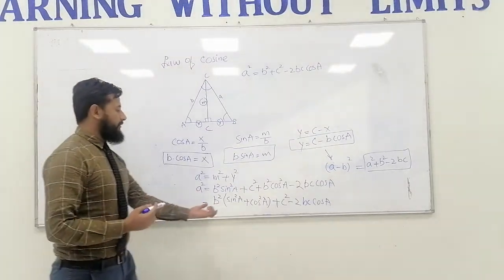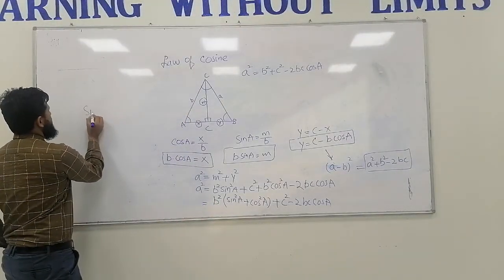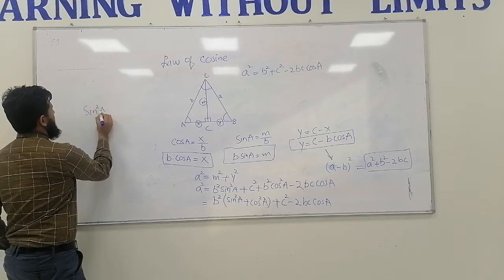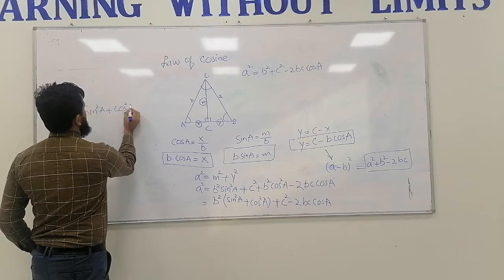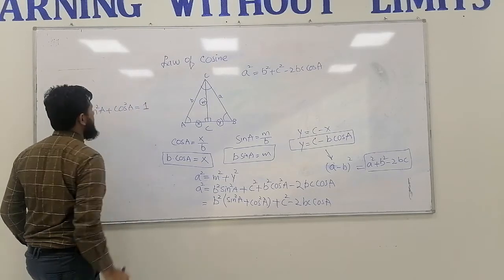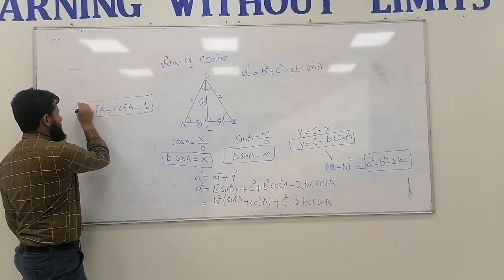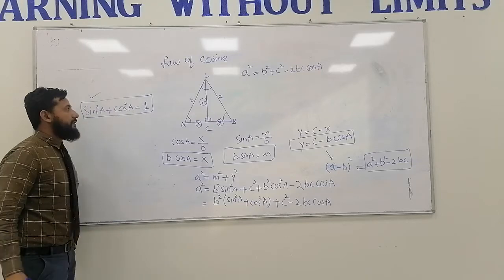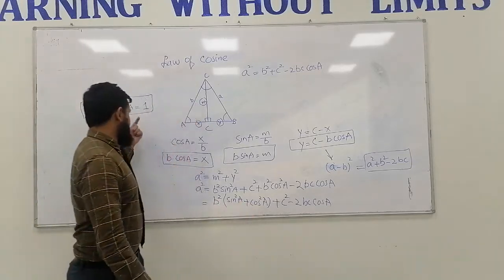We should know from trigonometry that sine square A plus cos square A is equal to 1. We might prove it in some video. Now, this whole term will give me 1.